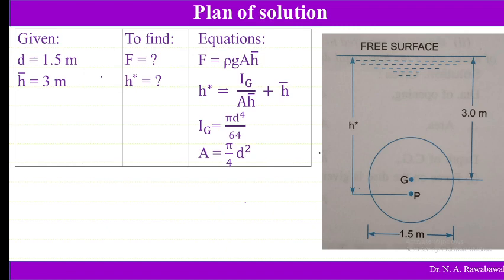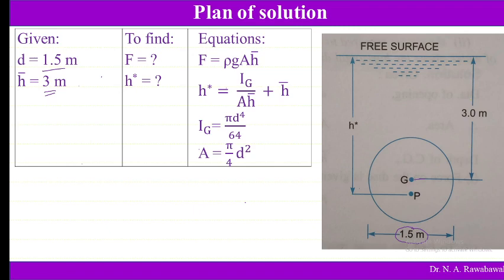So now there is a circle having its center of gravity at 3 meters from the free surface, and the diameter of the circle is 1.5 meter. So diameter is given as 1.5, and H bar, the center of gravity from free surface, is directly given as 3 meters.